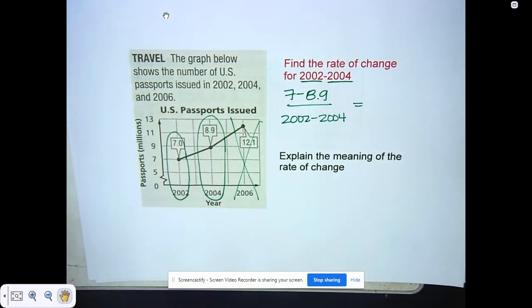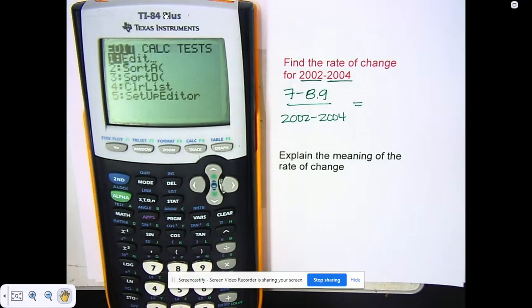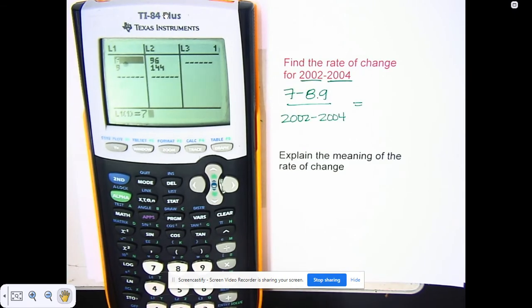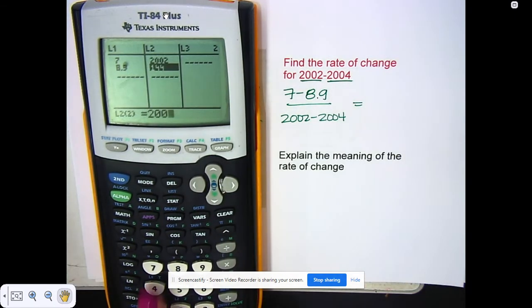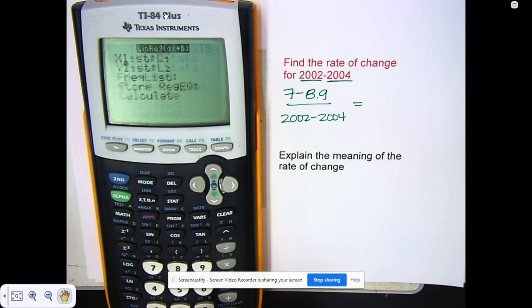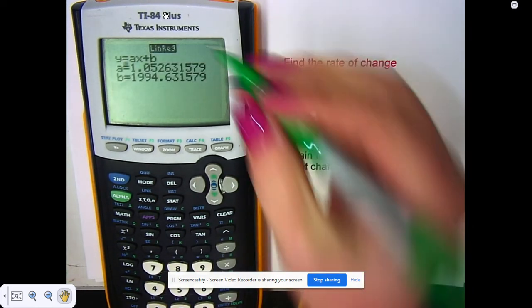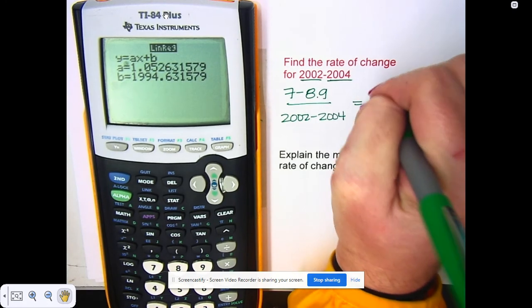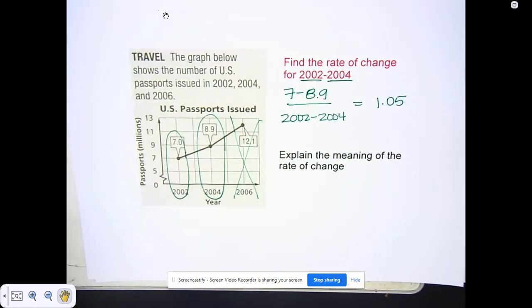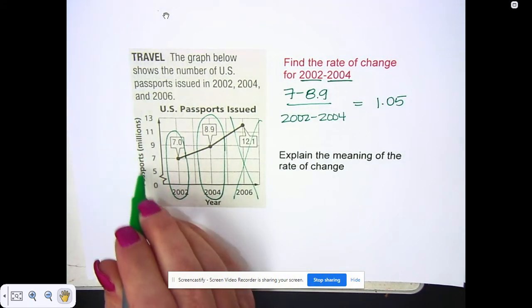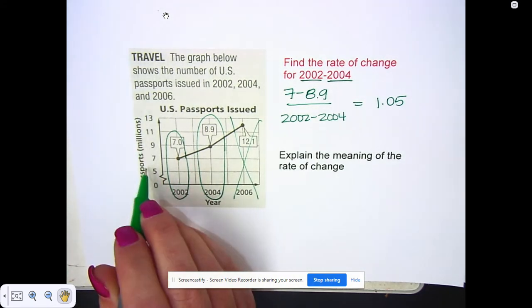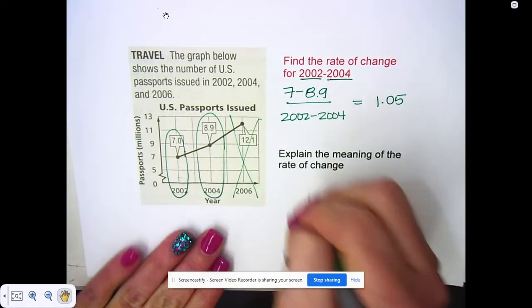I'm going to put it in here just to show you. Stat edit, 7 and 8.9, 2002 and 2004, stat calc 4, enter. So 1.05 is my rate of change. And what does that mean? It means there are 1.05 million passports per year.